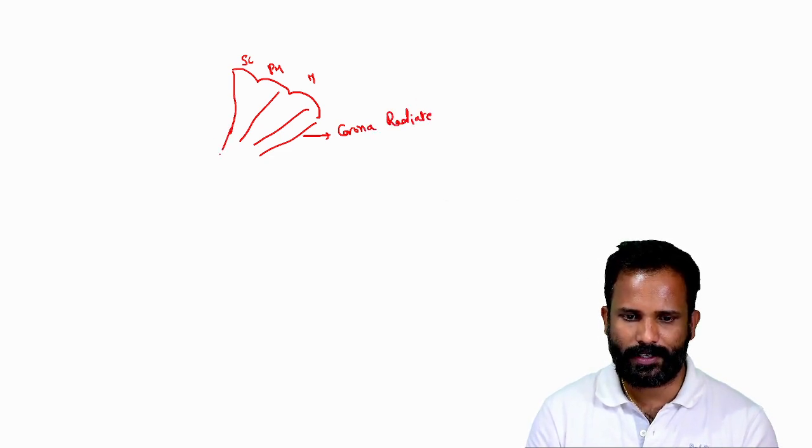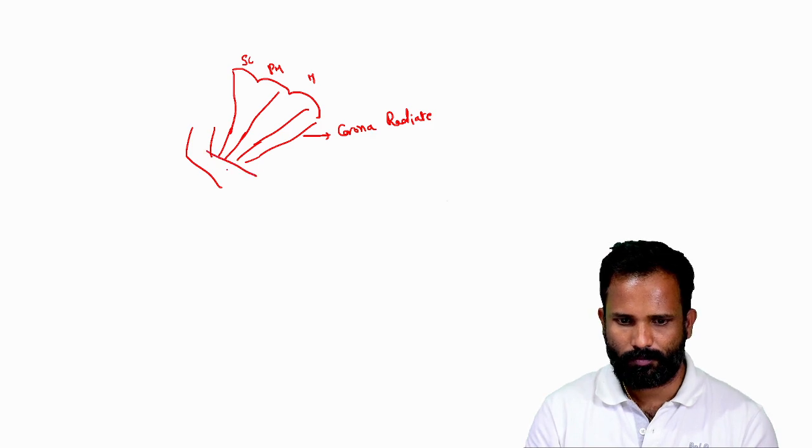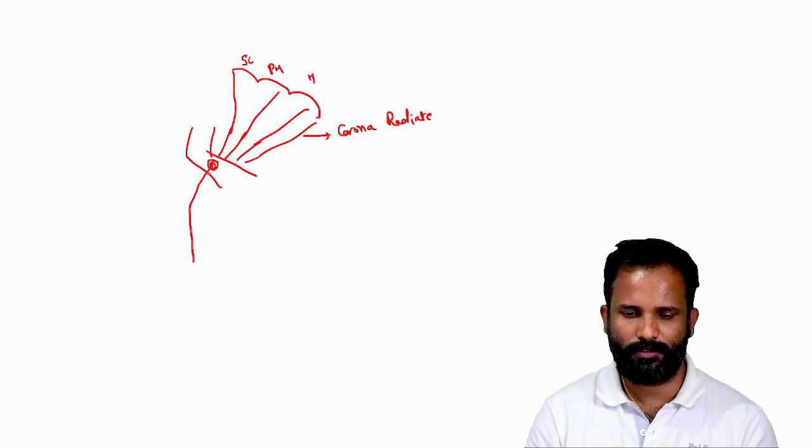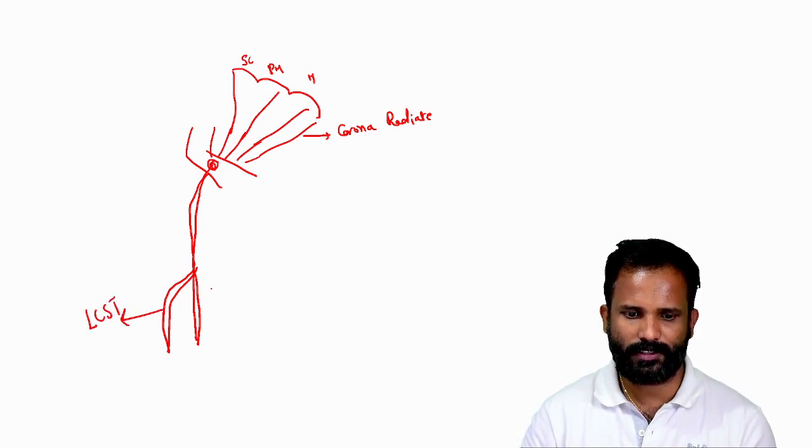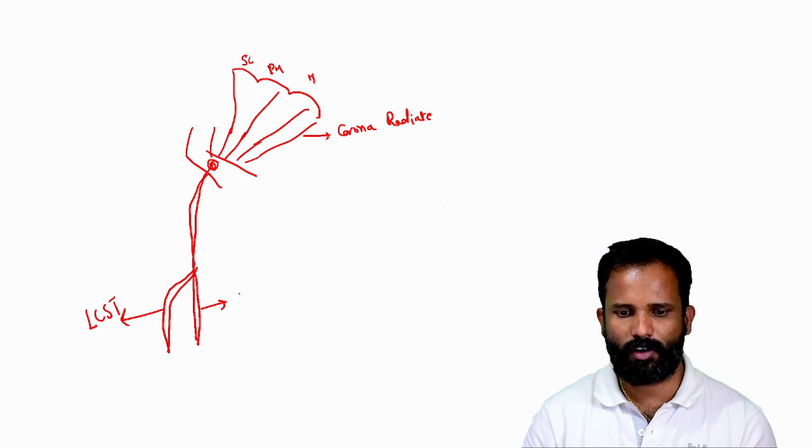The corona radiata will converge and go through the anterior part of the posterior limb down, and at the lower part of the medulla, 80% of the fibers cross to the opposite side and 20% remain uncrossed. The crossed fibers form the lateral corticospinal tract, and the uncrossed form the anterior corticospinal tract.